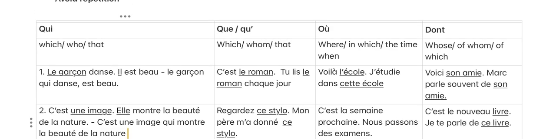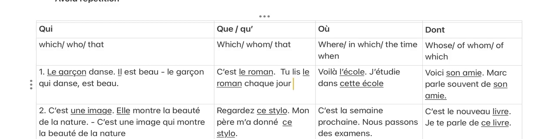Moving on to the next one, we have que, which means which or whom or that. Let's have a look at the first example. C'est le roman. This is the novel. Tu lis le roman chaque jour. You read the novel each day.